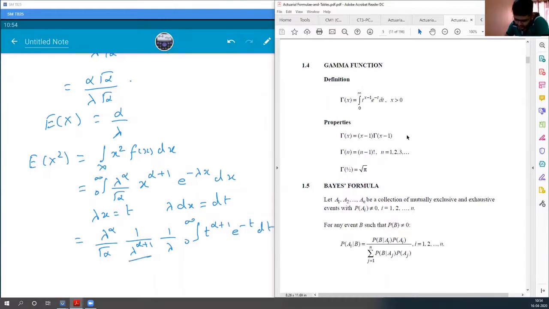So again, this lambda raised to alpha plus 1 comes from converting x into t, and this 1 by lambda comes from converting dx into dt.